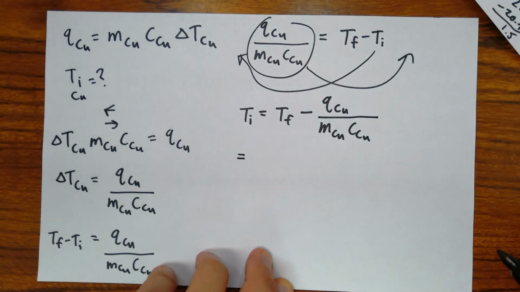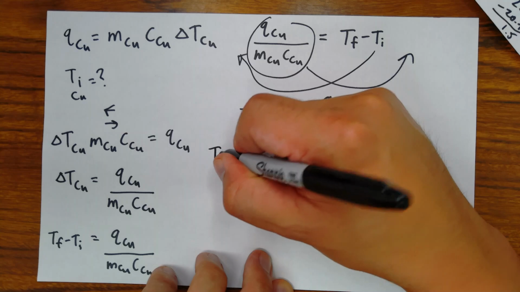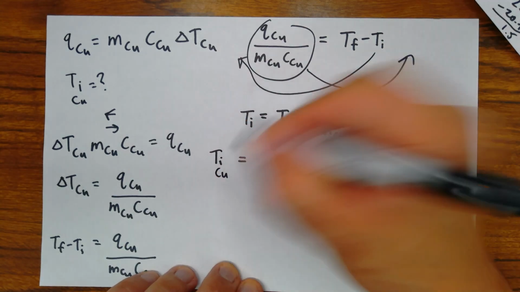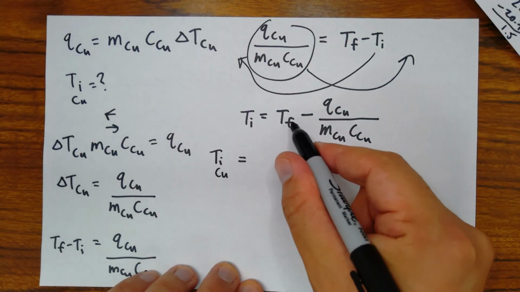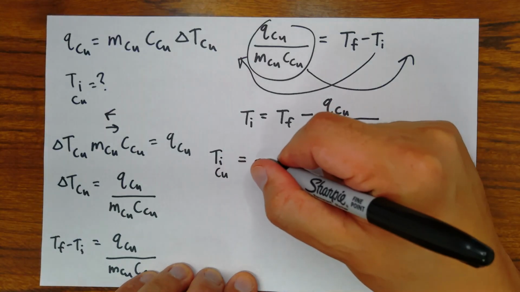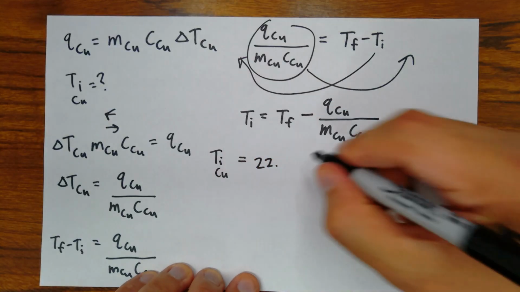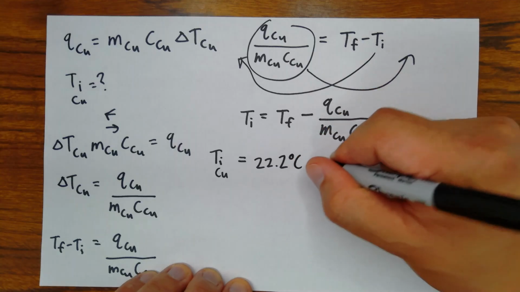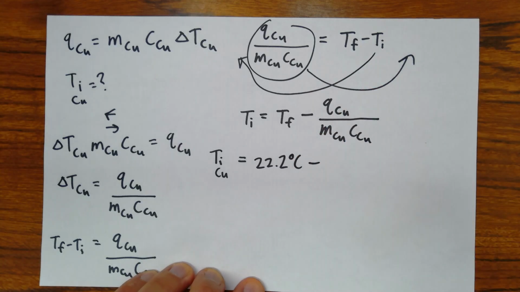And now we can finally plug and chug for the initial temperature of the copper. Okay, we're talking about copper. All right, the final temperature of the whole system was 22.2 degrees C minus the Q of the copper.